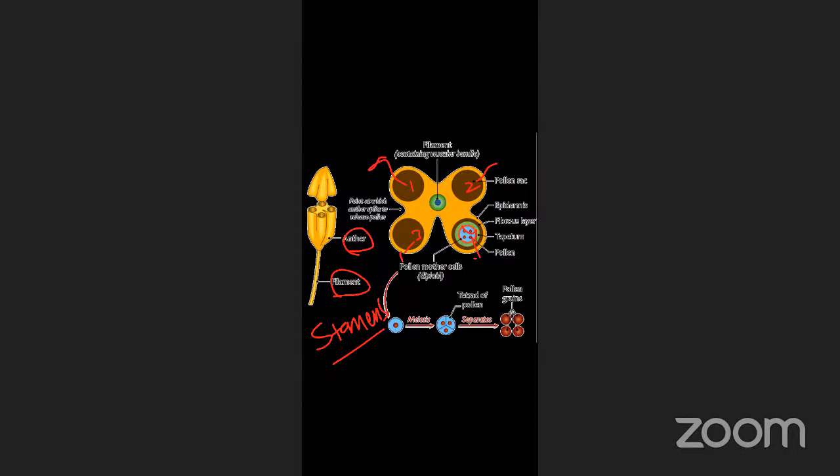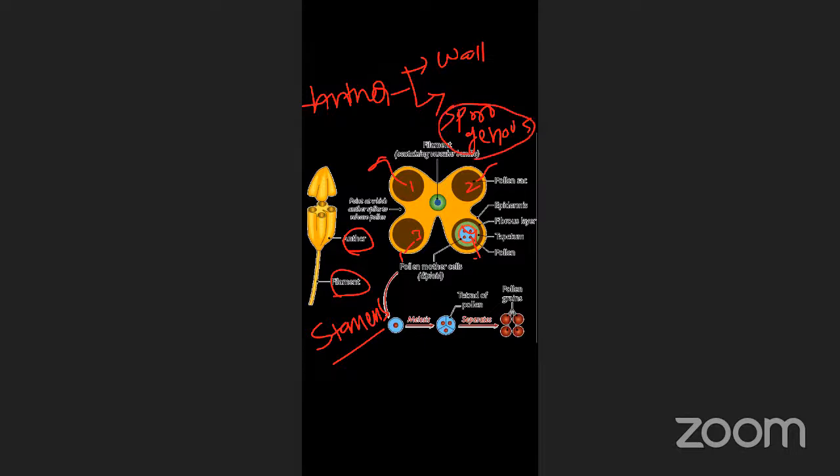Actually, if you take in detail here, in this anther, there are clearly two types: anther wall and sporogenous tissue.